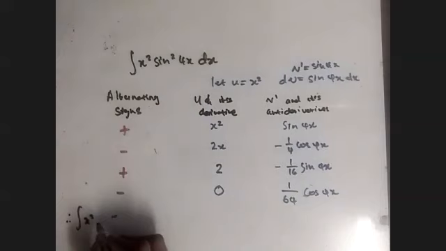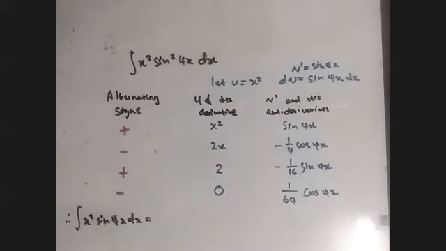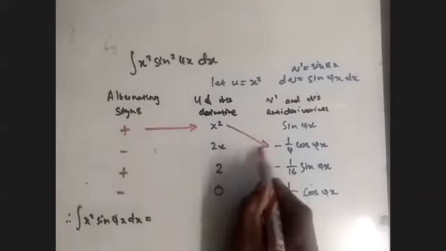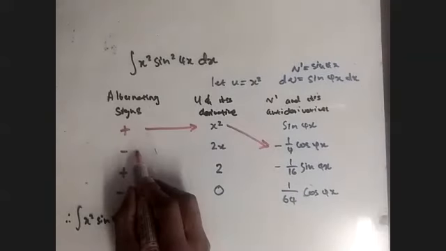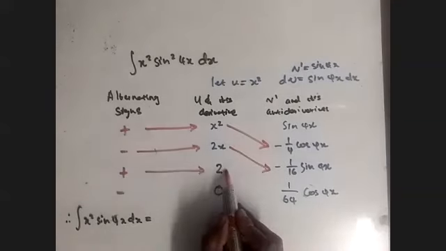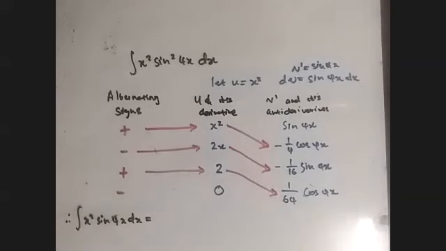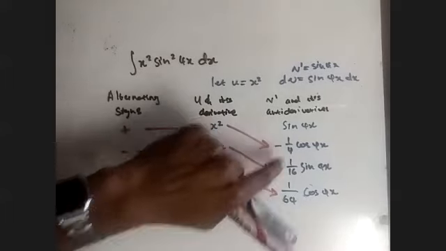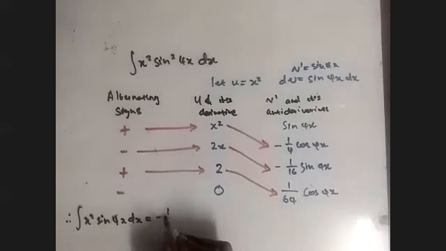the integral of x squared sine 4x dx is equal to... now this is the part that gets very interesting. I love such things. We are going to multiply this term by this term, then this term by that term, and the same thing applies down the table. So what we are going to have is x squared multiplied by negative 1/4, so negative 1/4 x squared cos 4x.